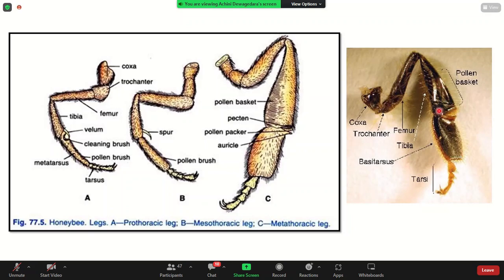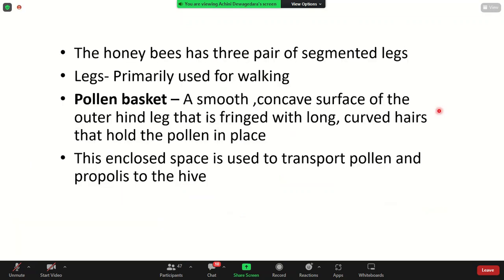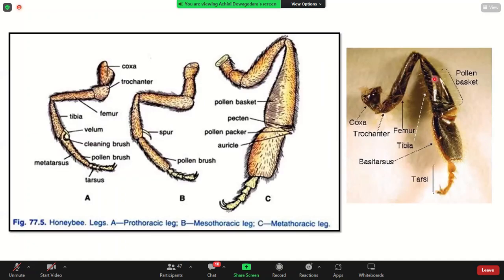There is a structure called the pollen basket, right? So this pollen basket is a smooth concave structure in their hind legs, and there are curved hairs to hold the pollen, right? When honeybees are moving from flower to flower, pollen grains are collected here.